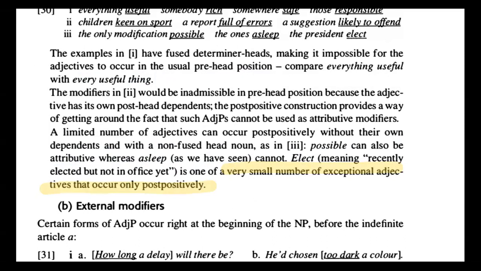Usually, we know that pre-head adjectives are internal modifiers, معدل داخلي, as I mentioned. But here in this point, the adjective comes as a post-head internal modifier, يعني ما بعد الhead, okay? معدل داخلي ما بعد الhead. That's all. I wish that you will understand this point, okay?